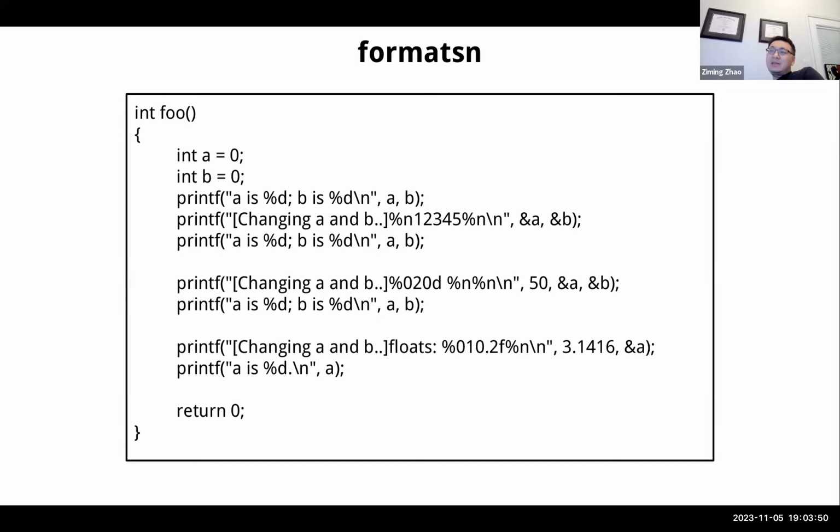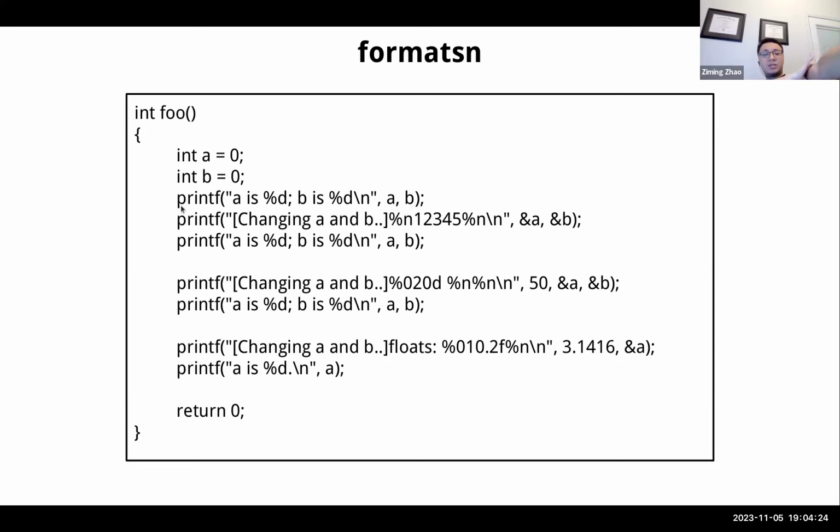Okay, so next, we are going to take a look at the %n example. This is a very interesting example because, like I said, most of you probably never used the %n before. In this function, we have 2 local variables, a and b, and they're local variables, so they are on the stack, and both of them are initialized to 0.